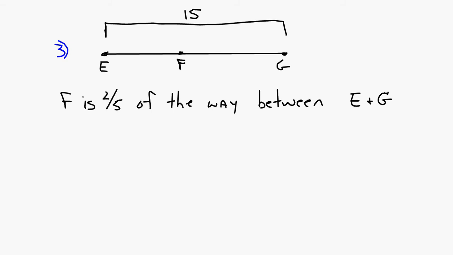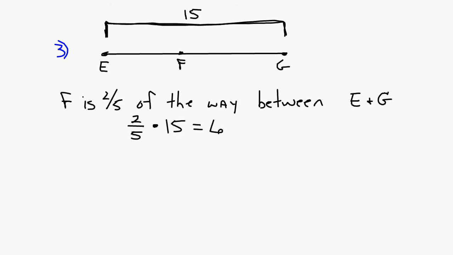To find 2/5 of E to G, take your calculator and multiply 2/5 times 15. You push 2, fraction button, 5, times 15. You multiply 2/5 times 15, and that equals 6.